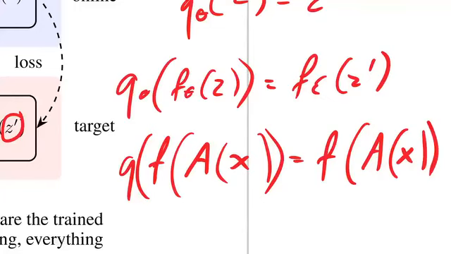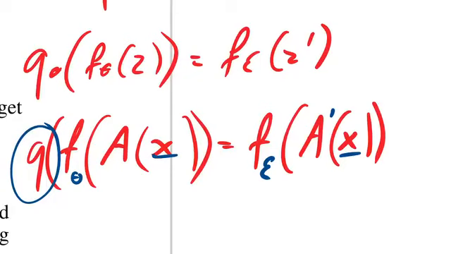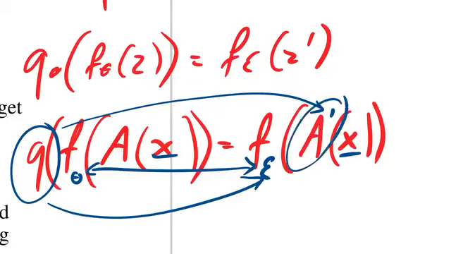All right, so this makes a lot of sense. With Q, since these are all different here, F is the target instead of the online parameters. A is also different. It's a different augmentation that you do, but the X is the same. Okay, so the Q simply tries to somehow negate this augmentation and this difference between the target and the online parameters. But you don't tell the Q which augmentation was used, and you don't tell the Q what the exact parameters of that network are.